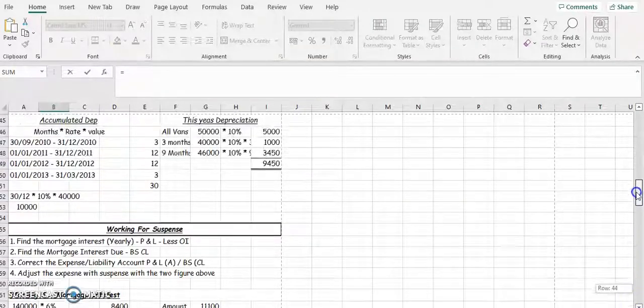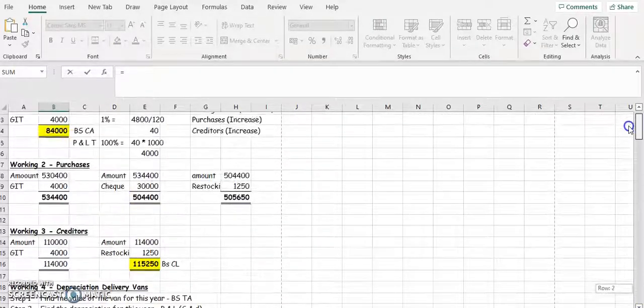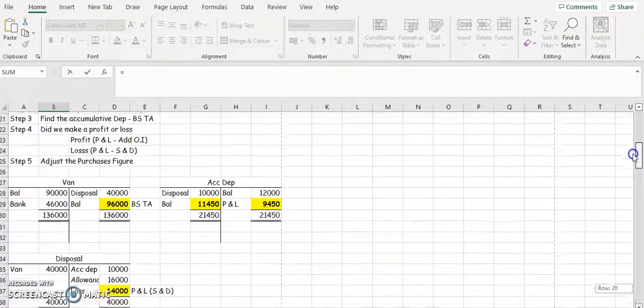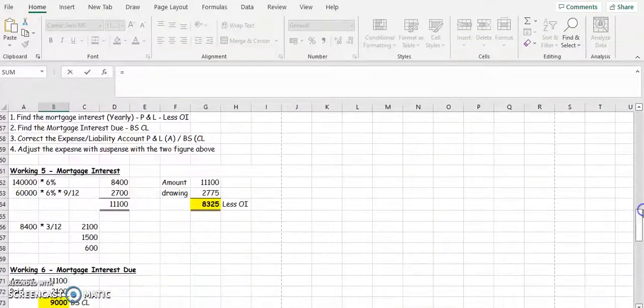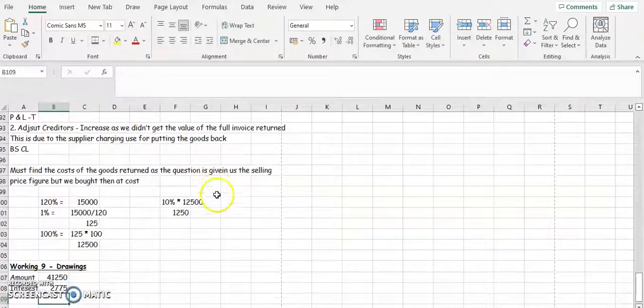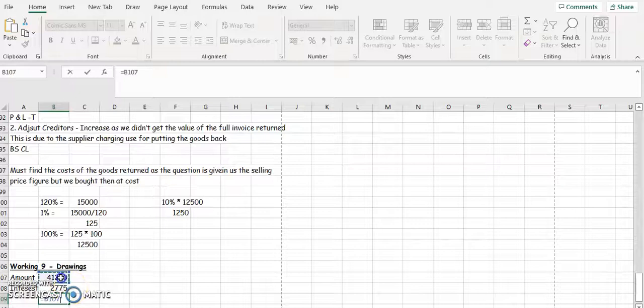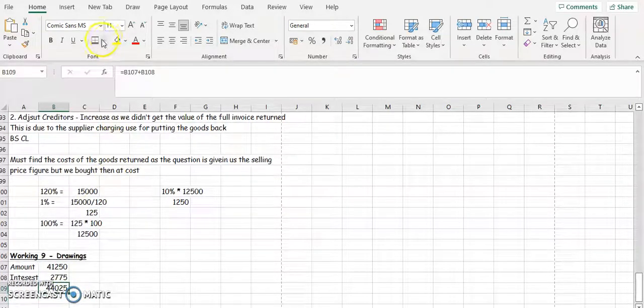So we're going to go back up to our interest, which is 2,775. Make sure you take your drawings figure and not your interest figure. So we're going to add this onto our drawings, and that's going to be our new drawings figure then.